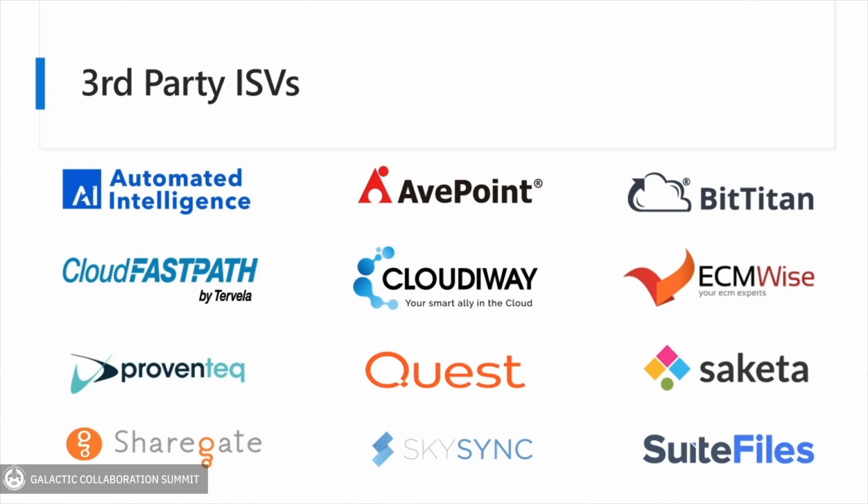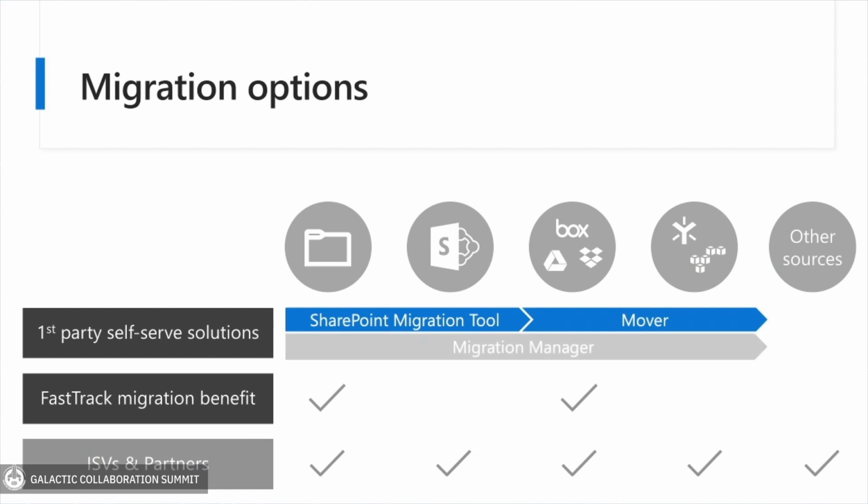So just to summarize all the options, we have first-party tools that you can leverage to self-serve your own migration: the SharePoint Migration Tool, Mover, and now Migration Manager as a unified experience, currently supporting FileShare, and eventually we will keep adding additional support. Fast Track can help you with FileShare and some of the cloud scenarios, and ISVs and partners will help you with other sources as well.